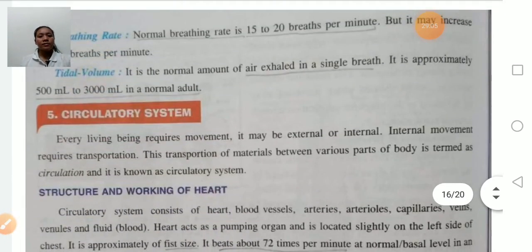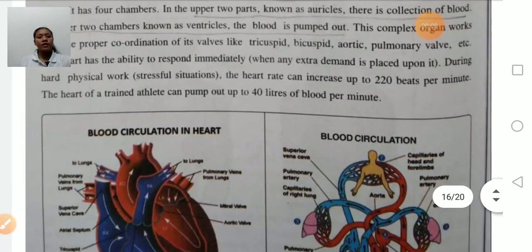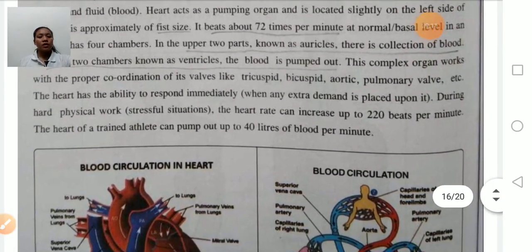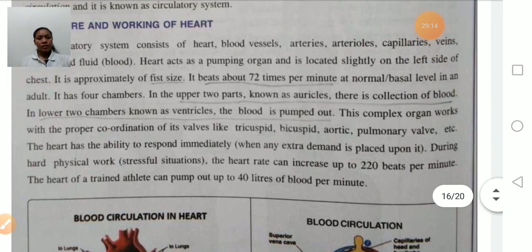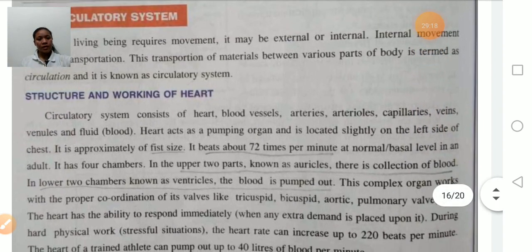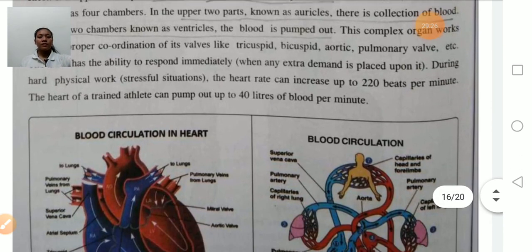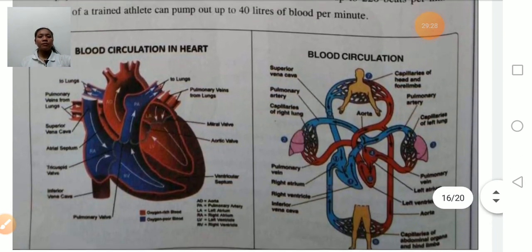The circulatory system means circulation of blood throughout the body. It consists of the heart, blood vessels, arteries, arterioles, capillaries, veins, etc. How does the blood circulate?